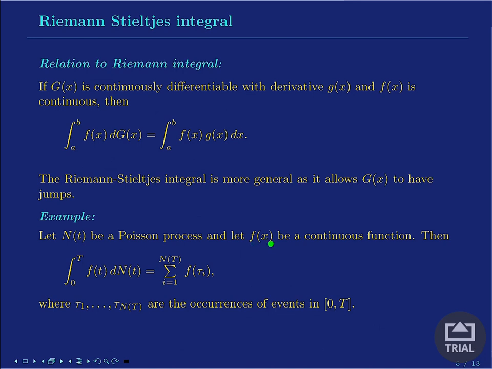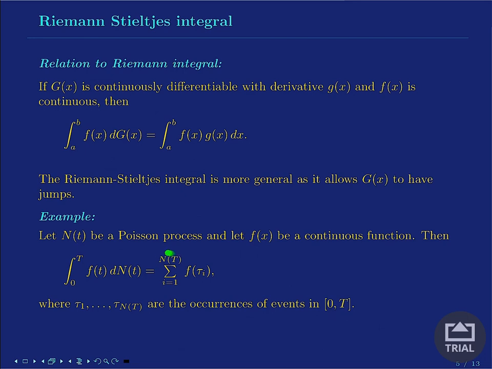Additionally, let f be a continuous function. Then we can define the Riemann-Stieltjes integral of f with respect to dN_t, which becomes the sum of the function f evaluated at the points tau_i, which are the occurrences of events in the interval from 0 to t.